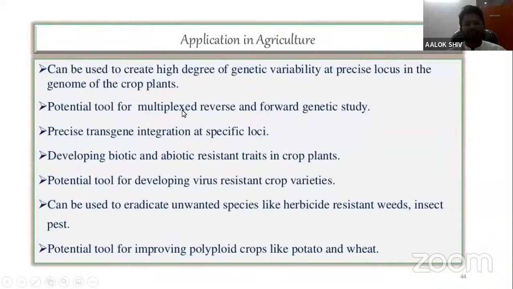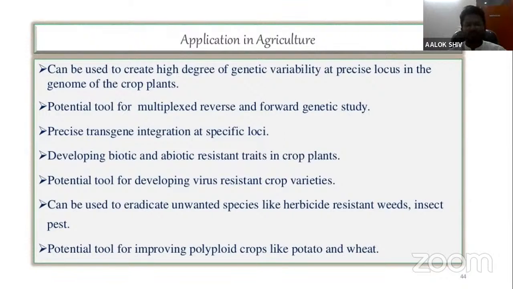This is a potential tool for multiplexed reverse and forward genetic study. I've discussed earlier what forward and reverse genetics are, so there is a plethora of functions that could be done through genome editing. Another is precise transgene integration at specific loci. If we want to integrate a particular transgene at a particular position in the genome, this is possible through genome editing, particularly CRISPR-Cas9, because the precision is important here.